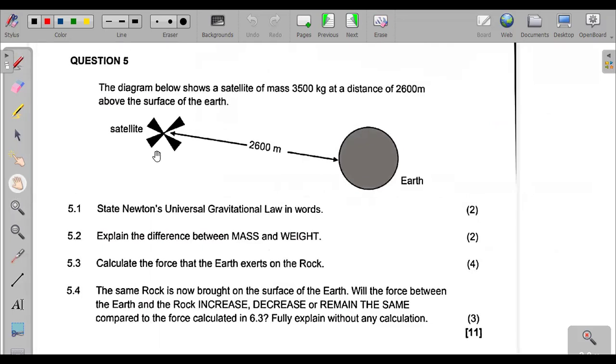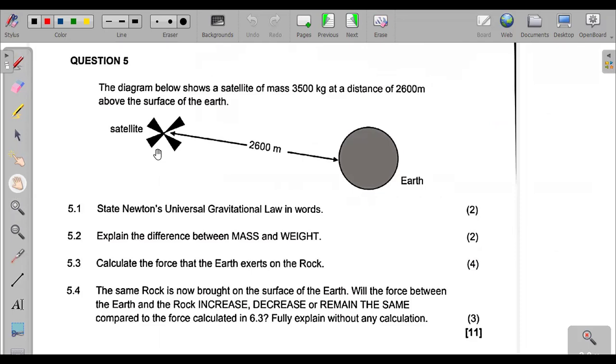Question number 5 is saying the diagram below shows a satellite of mass 3,500 kg at a distance of 2,600 meters above the surface of the Earth. State Newton's universal gravitational law in words.